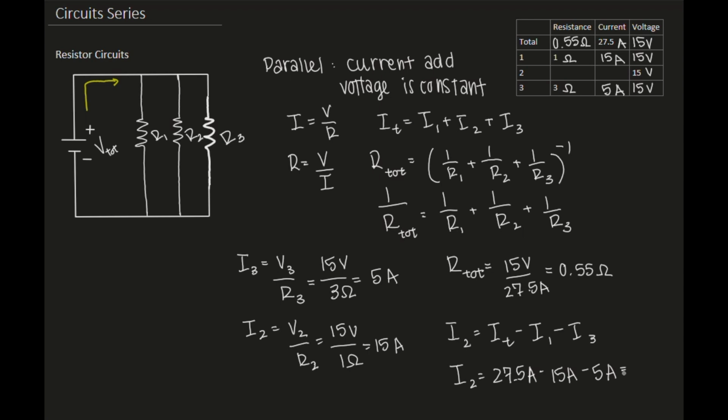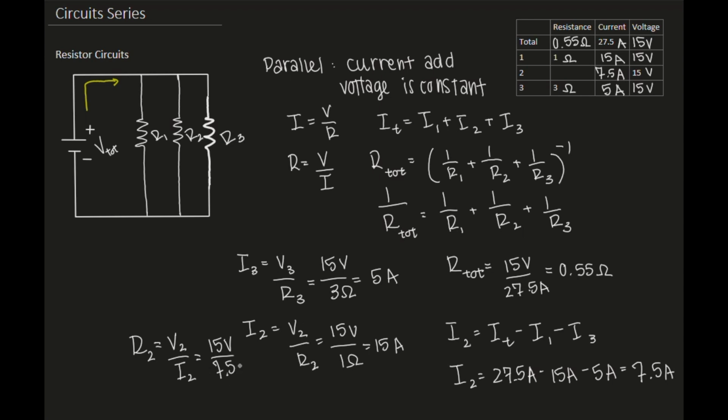And I get that it is 7.5 amps. Then again, I can just use resistance of 2 equals voltage of 2 over the current of 2. I'm running a little bit out of room here, but 15 volts over 7.5 amps, and I get that it is 2 ohms.